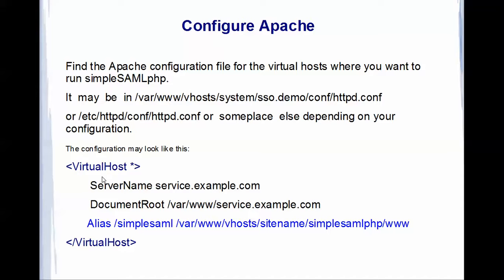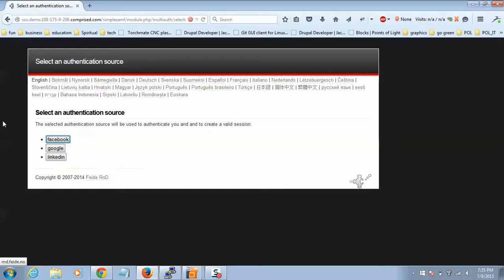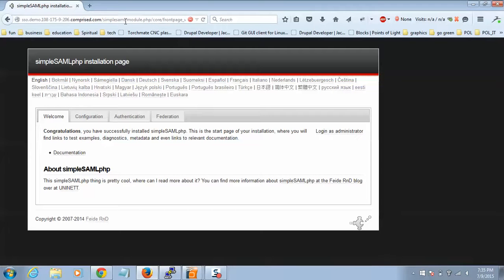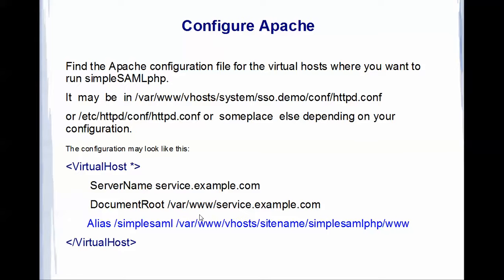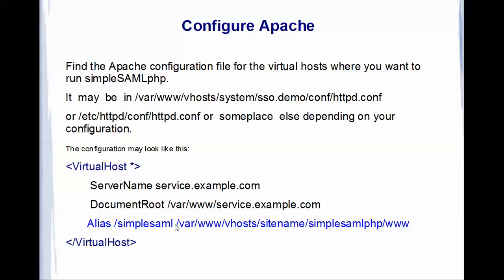Next, you want to configure Apache. Why, you ask? It's because it's through Apache that you will be able to redefine where Simple SAML is loaded from the URL. So in this example here, I have that Simple SAML directory within this demo site, and I have an Apache config file entry that maps an alias, with an alias setting that links to the appropriate path where I did the installation.